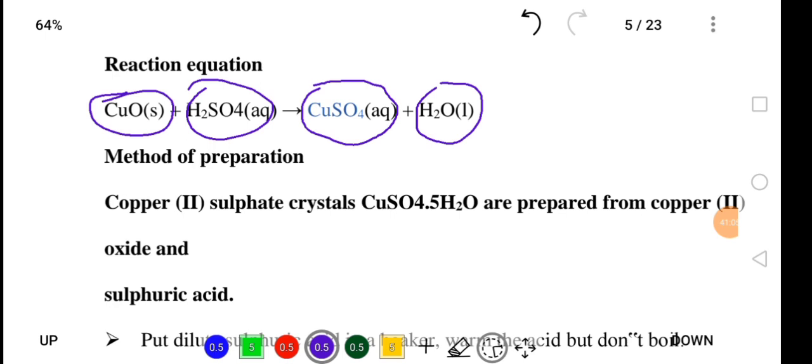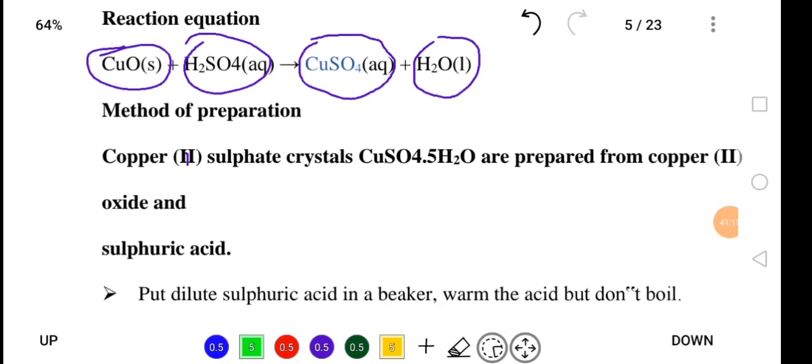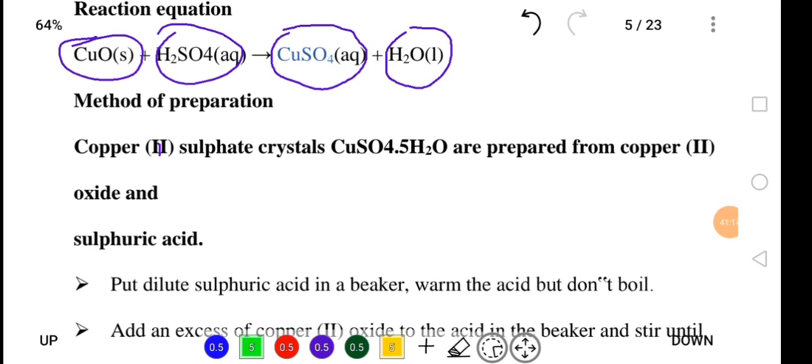Method of preparation. The examiner may demand you to prepare a hydrated copper 2 sulfate.